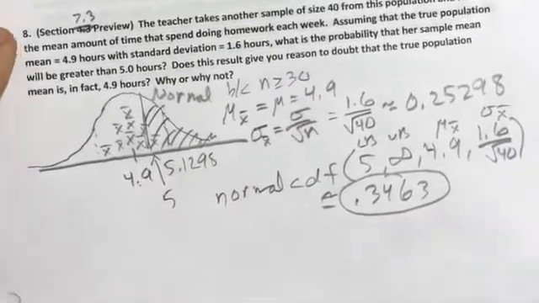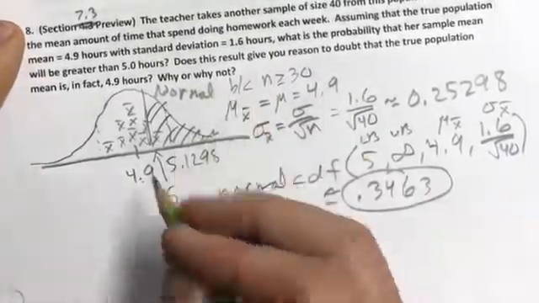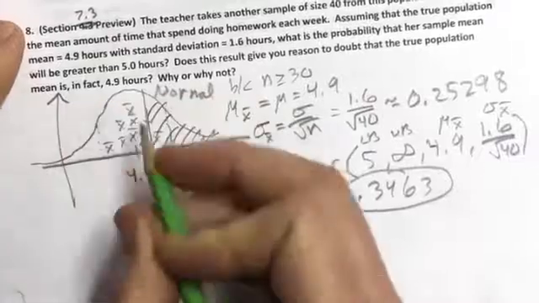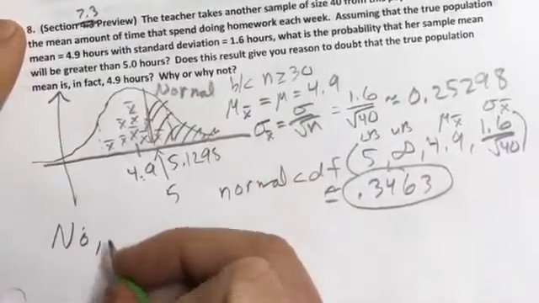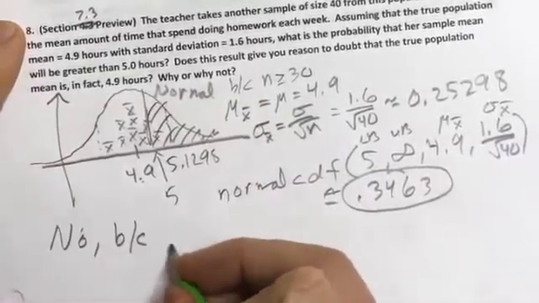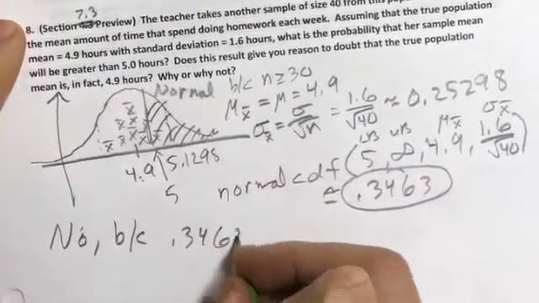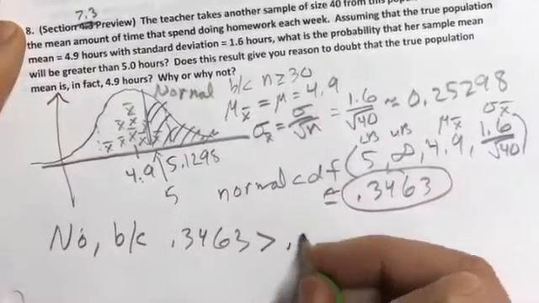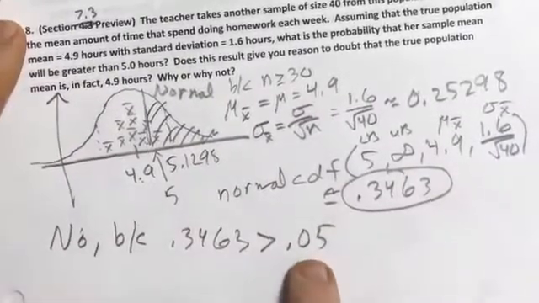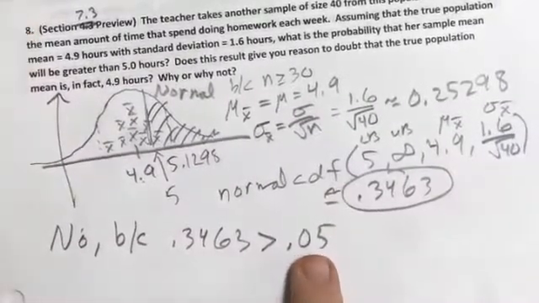And so what we're going to say is, does this result give us reason to doubt? And we are going to say, no, it does not, because 0.3463 is greater than 0.05. That's sort of what we're going to call our alpha value.